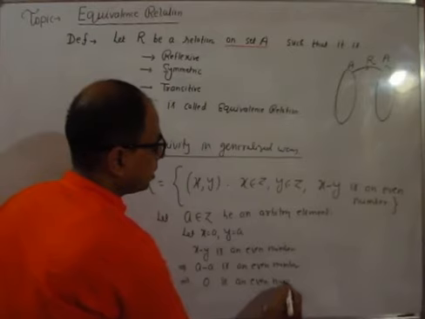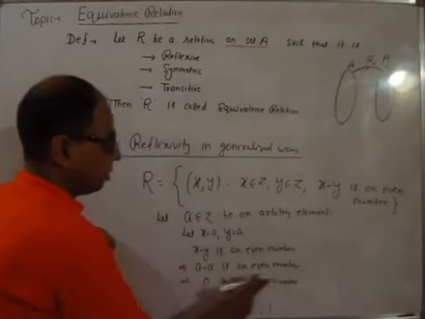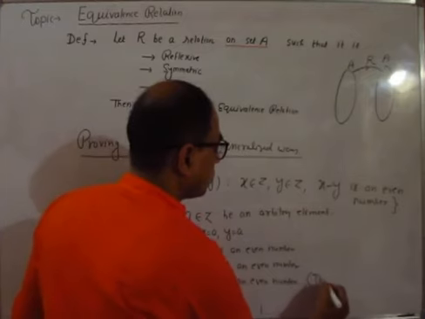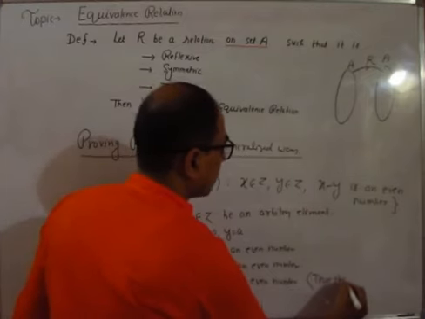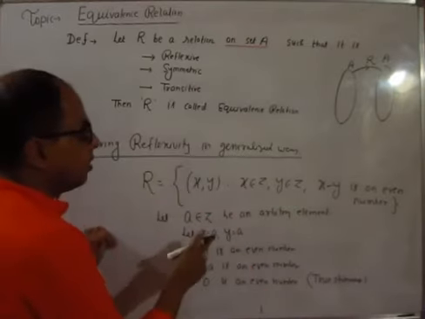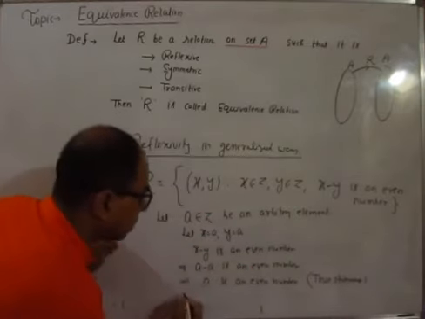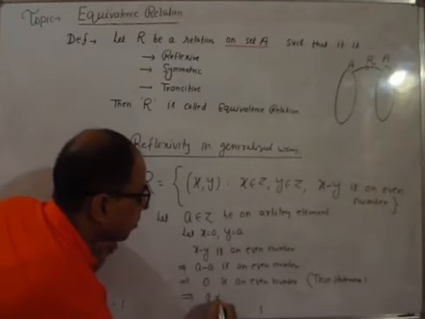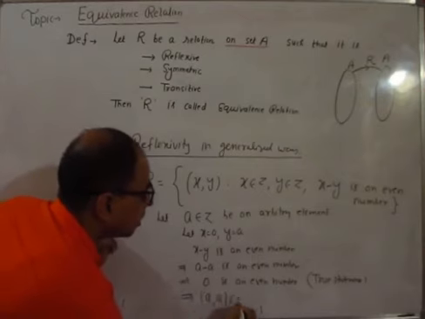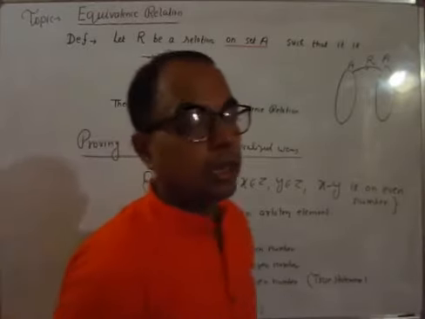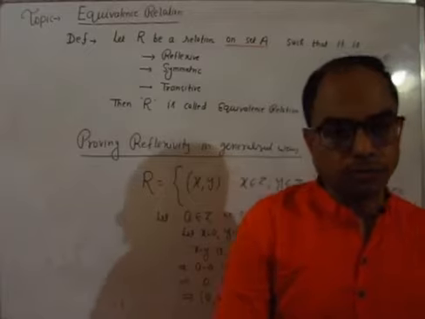Now check whether this statement is true or false. 0 is an even number. Of course it is a true statement. It means a is related with a, so you can claim that (a, a) belongs to R. Now you can claim that R is a reflexive relation.